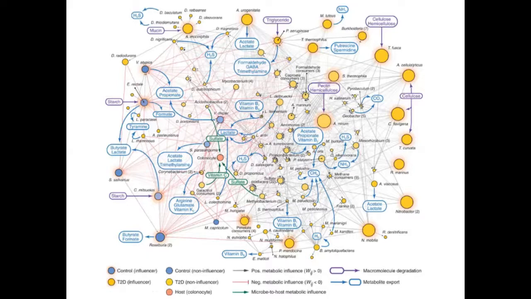But it shows the amazing complexity and the number of microbes that are involved in just this particular network. So in this study and on this network, the microbes in people with type 2 diabetes are designated with yellow, and healthy controls are designated with blue.